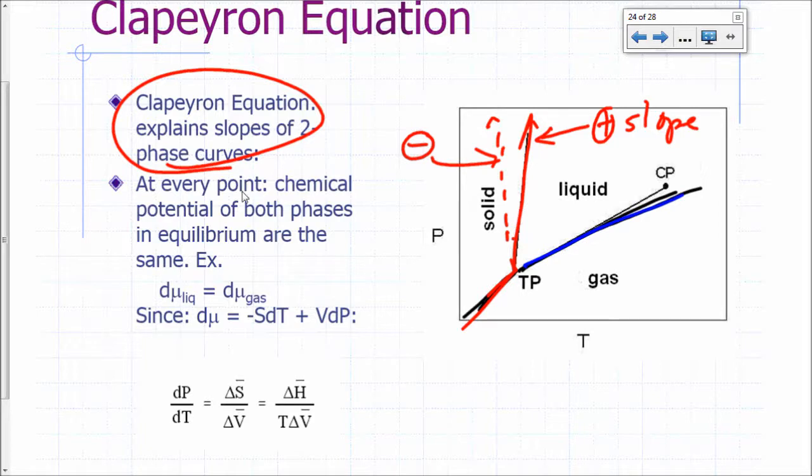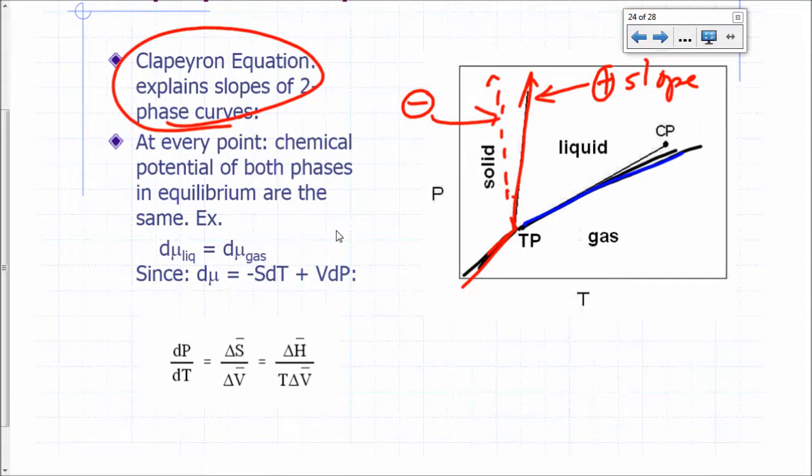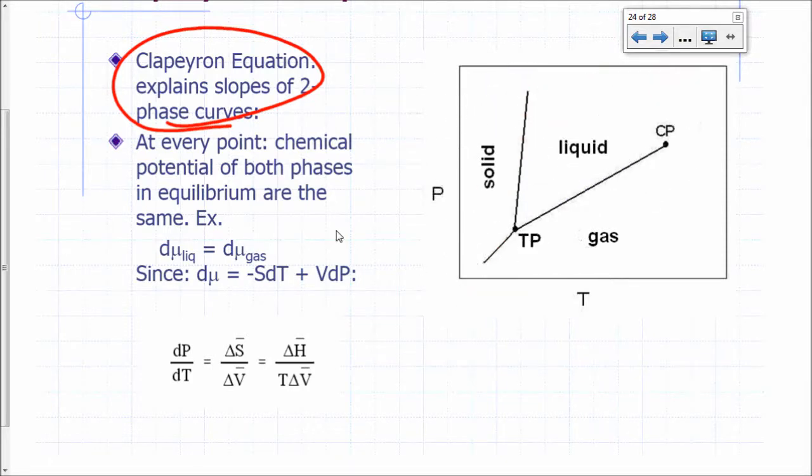Okay, so the thing to realize is this: at every point in these two-phase curves, you have equilibrium. So let's say this point right here. Okay, you have liquid and gas at equilibrium. Then the chemical potential of the liquid, as we've shown before, must be equal to the chemical potential of the gas at that point.